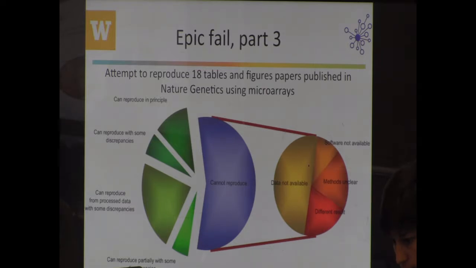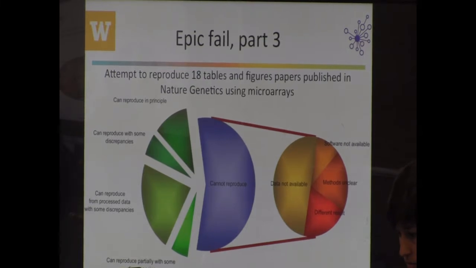Another aspect of the open science side of reproducibility is the software wasn't available, right? So great, the data were available, but I couldn't actually get the code that was used. And that's why I hope you all are working with GitHub. And then this other chunk here, the methods are unclear. And I think this is a little bit harder for us to nail down in terms of specific tools that you can use, because this is about how well you write your methods sections, or how good of a communicator you are.